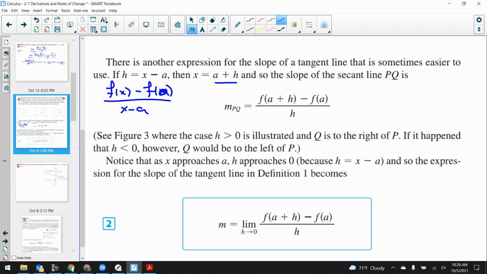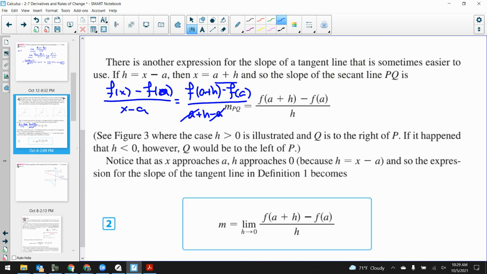Okay, so that is f of a plus h minus f of a, which, okay, that's the exact same thing that we have on the top of this new equation, divided by, well, what is x then? X is a plus h. A plus h minus a. Oh, how convenient that those a's cancel out. So the whole limit as h goes to 0, this new thing, it's really just a rewrite of my old formula, just changing what I'm taking the limit to.